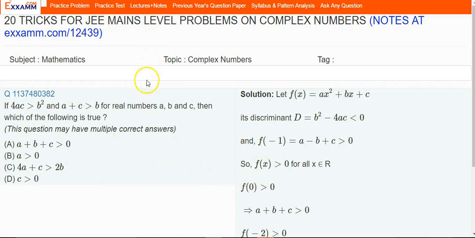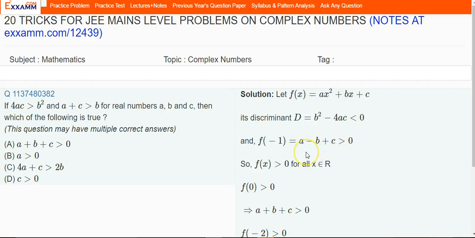So now whether it is an upward facing parabola or a downward facing parabola, below the x-axis or above the axis, this we have to find from this particular condition. Since a minus b plus c is greater than 0, and ax square plus bx plus c has been given to be equal to f(x), then what do we have? f(minus 1) is equal to a minus b plus c, which is greater than 0.